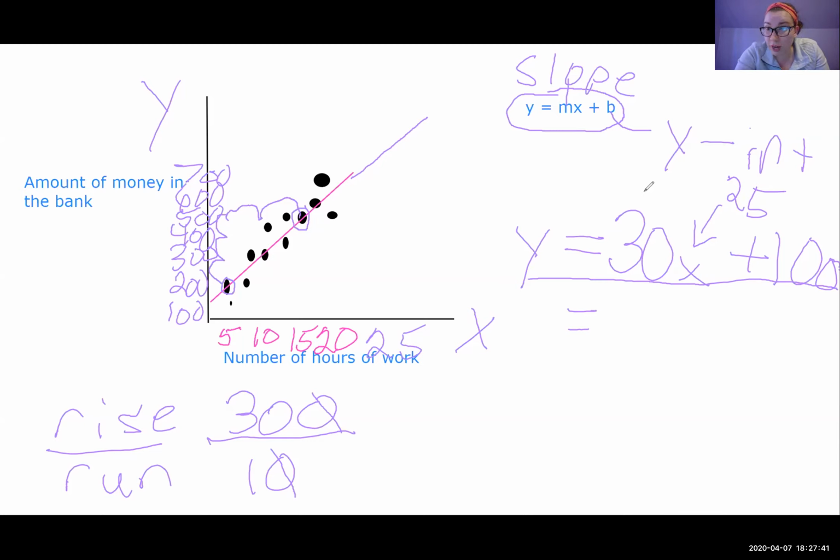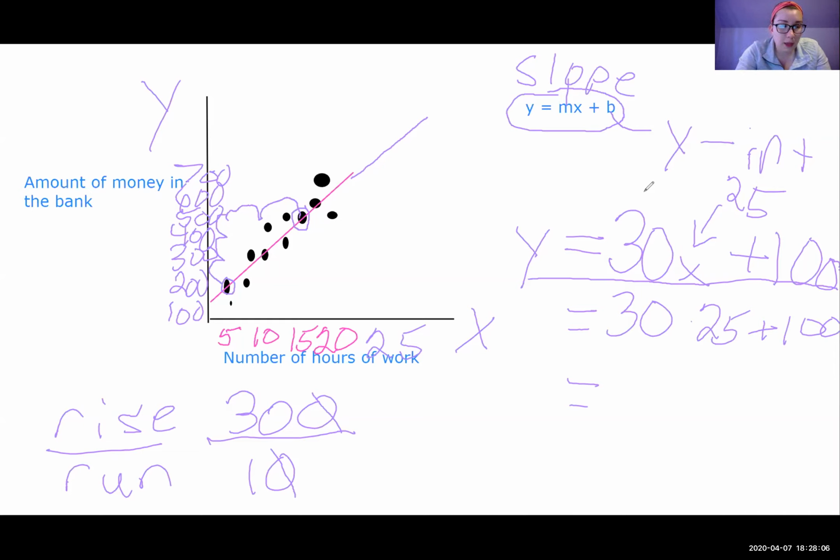So now I'm going to rewrite 30 times 25 plus 100. Now, using my handy dandy calculator, because I did this already, 30 times 25 is, you can pause the video to do it on your own.